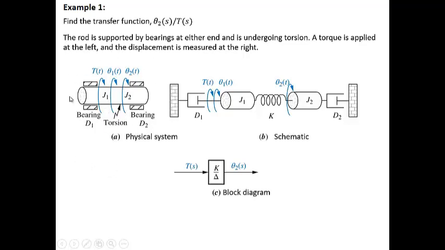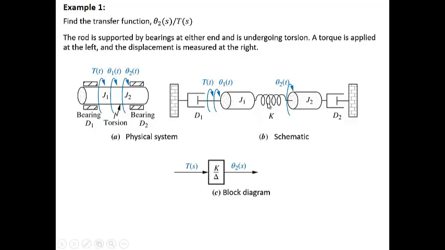So from here, the diagram is the physical system that is provided to you, and this is how you interpret the physical system into the schematic diagram. You can divide the mass here, because we consider that this is 2 degrees of freedom, so we have two different masses here, J1 and J2.